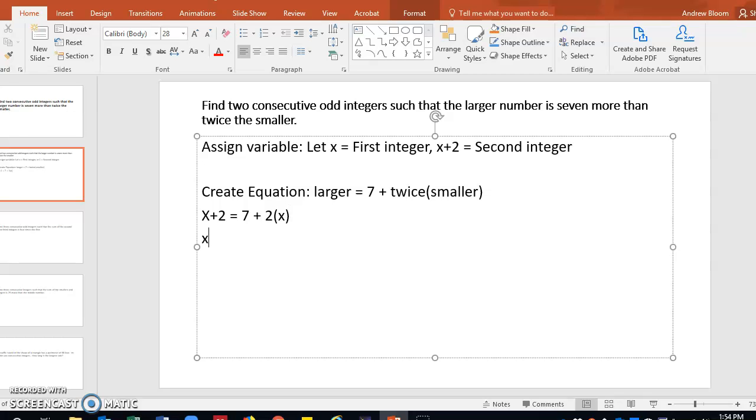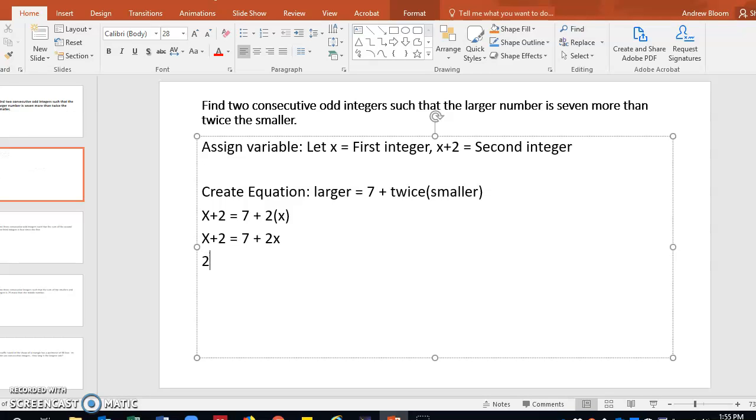Now we can start the process of solving this equation. So x plus 2 equals 7 plus 2x. And now we're just solving an equation like we would before. We're going to get all of our x's on one side, all of our non-x's on the other. My personal opinion is it's too easy to drop a negative from a coefficient, so I do everything that I can to keep my coefficients positive.